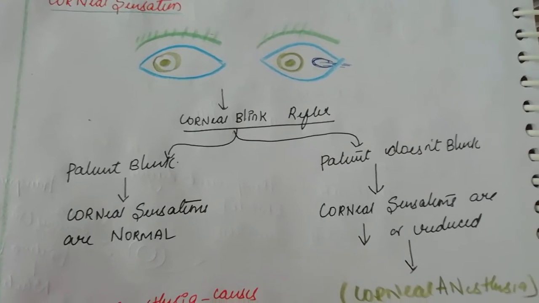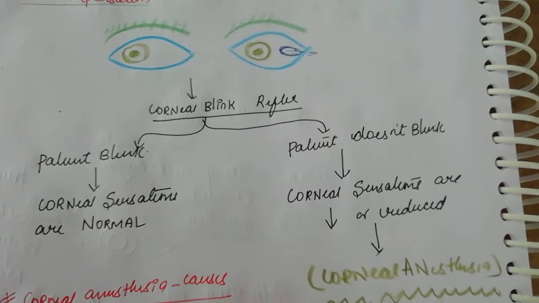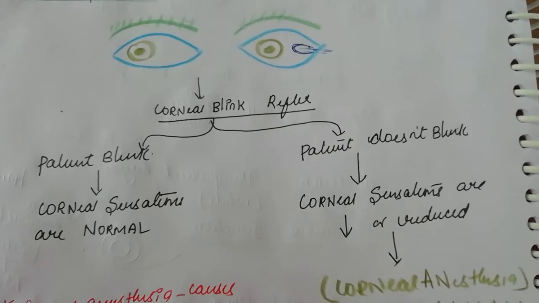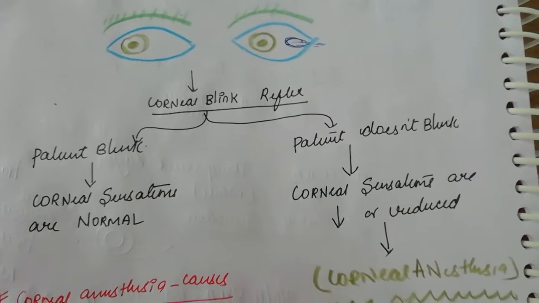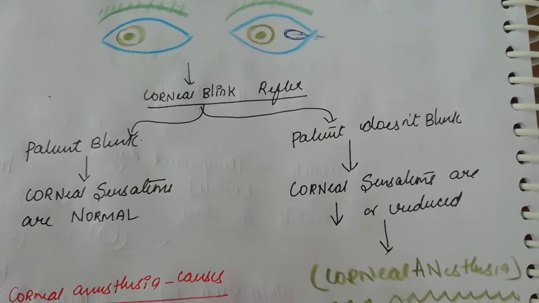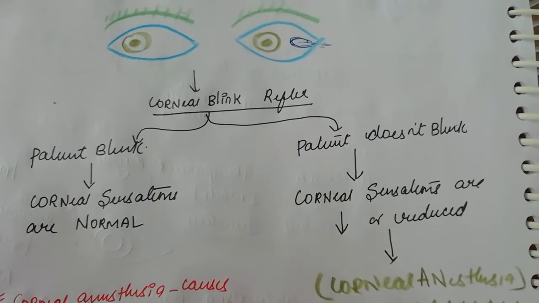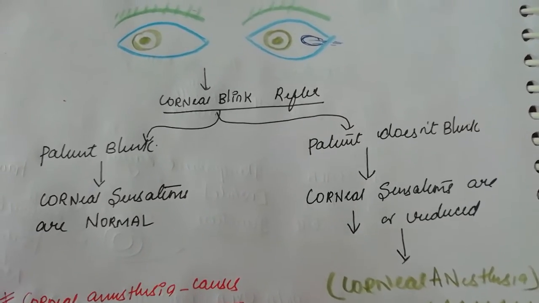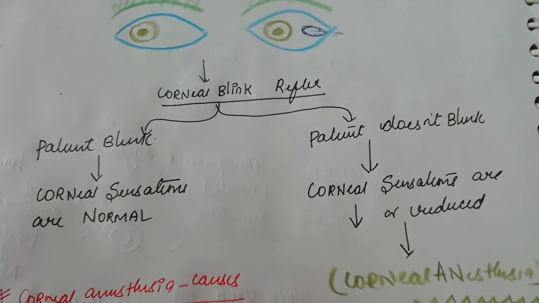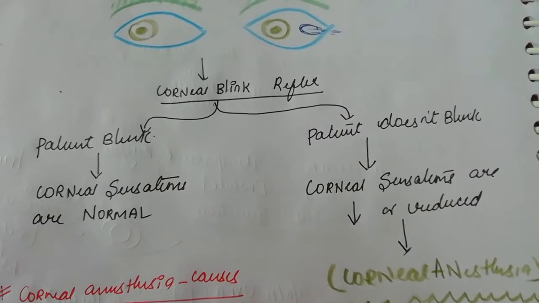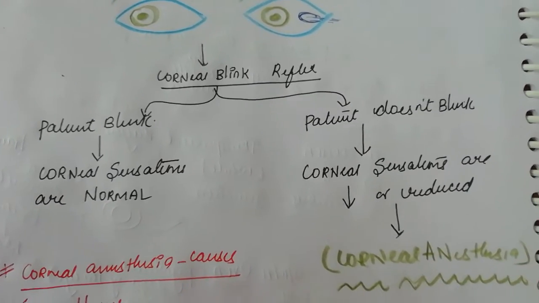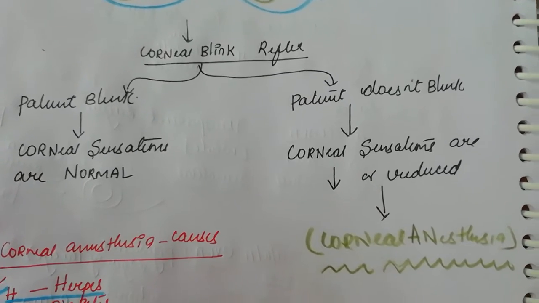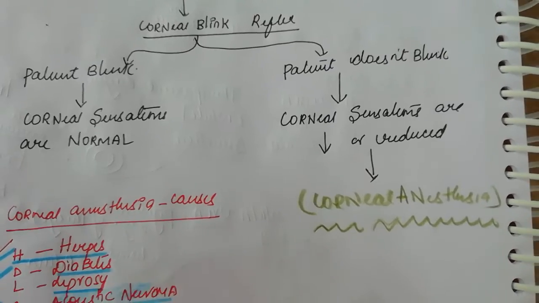The next important point: say you touch the cornea with cotton and the patient does not blink. It means the corneal sensations are absent or reduced, and the person is not feeling it. This is known as corneal anesthesia.